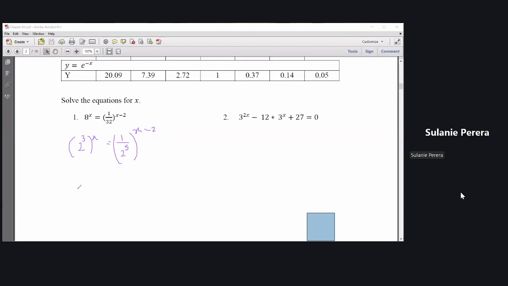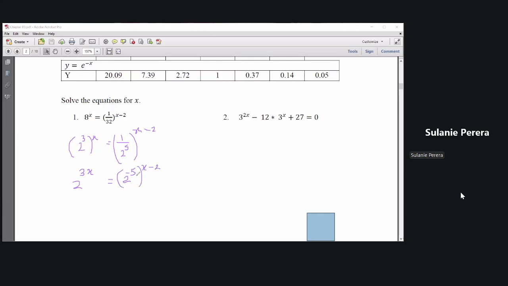Now the bases have to be the same in order to equate the exponents. So here I have 2 to the power 3x, and here I bring the 2 to the numerator and make it minus 5, times x minus 2.